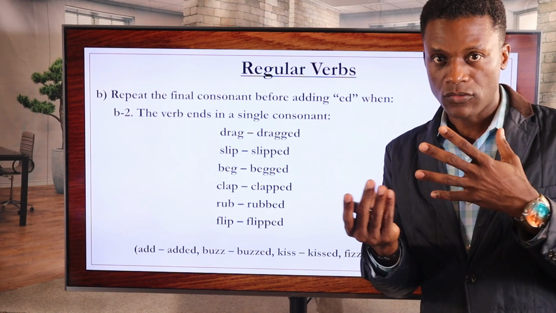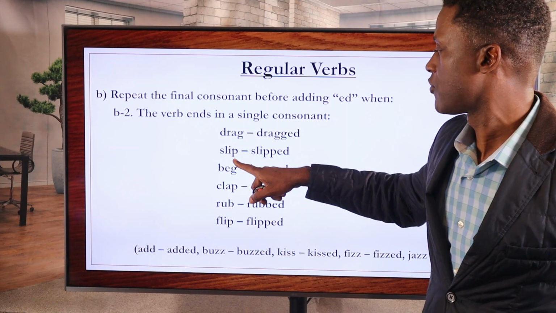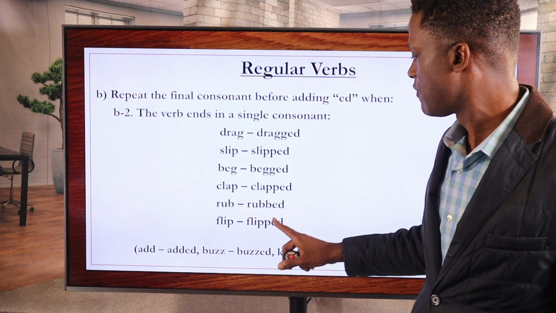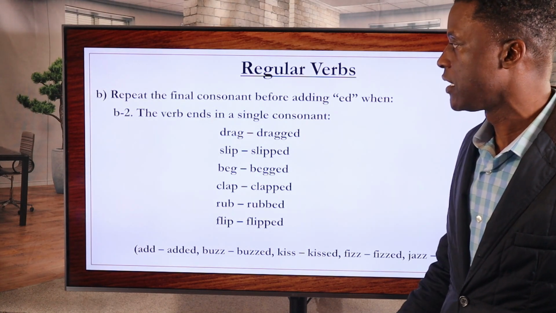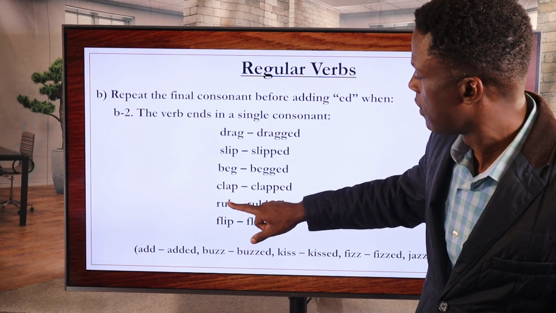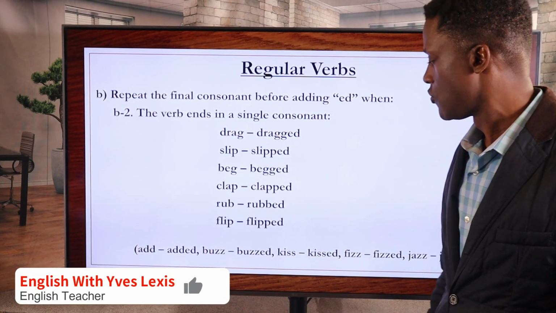You have vowels and you have consonants. Drag, dragged, slip, slipped, beg, begged, clap, clapped, rub, rubbed, flip, flipped, etc. So it's repeated because you end in a single consonant.